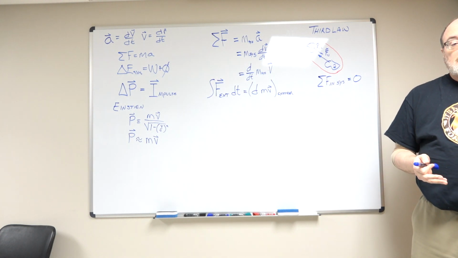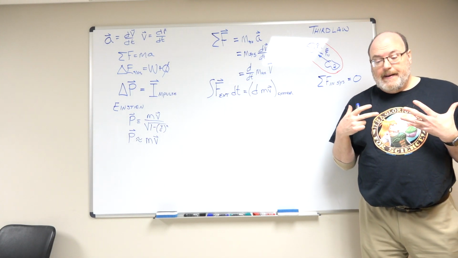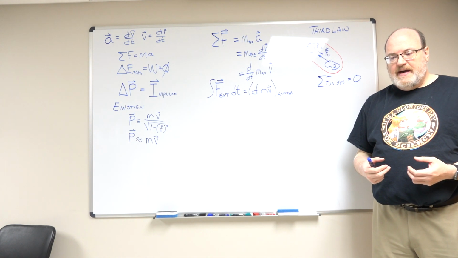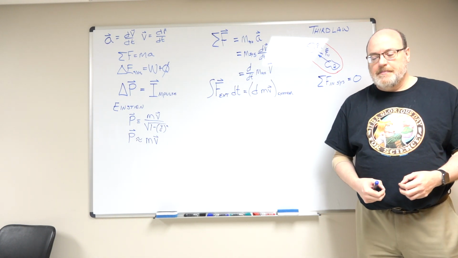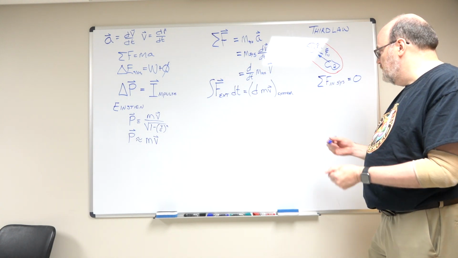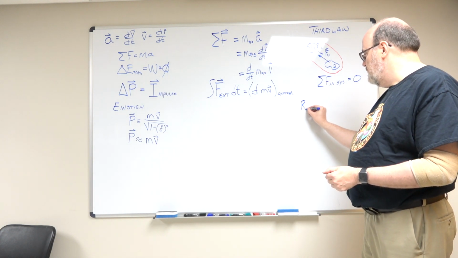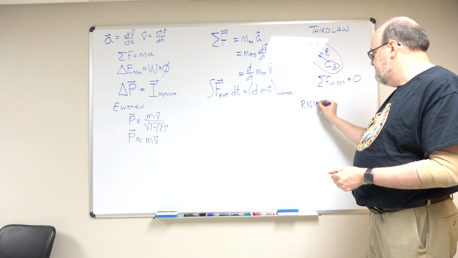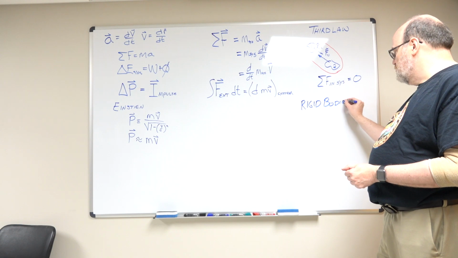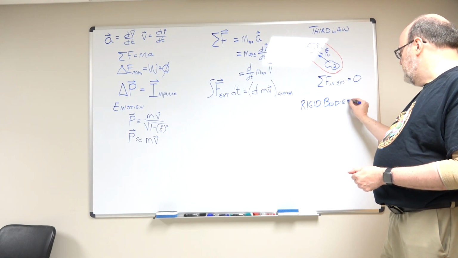Suddenly we can start doing collisions with real objects and not have to worry about the fact that they're just point objects. We're still going to be constrained by something that's called a rigid body at this point. And that's just an assumption to make our lives easier, our rigid bodies.